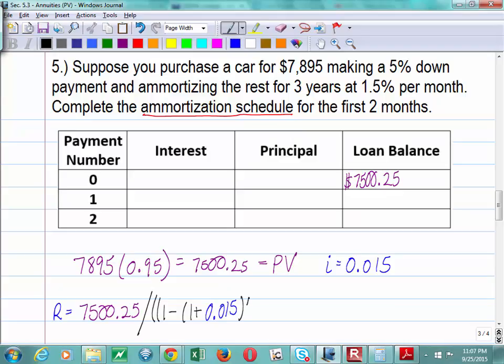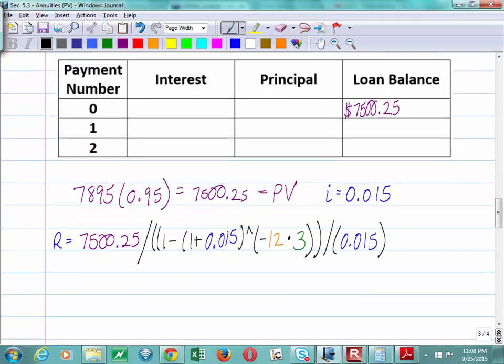To the power of negative, so it's per month, so it's 12. It's for 3 years, so times 3. Close it, divide by 0.015. Alright, so let's put that in the calculator.